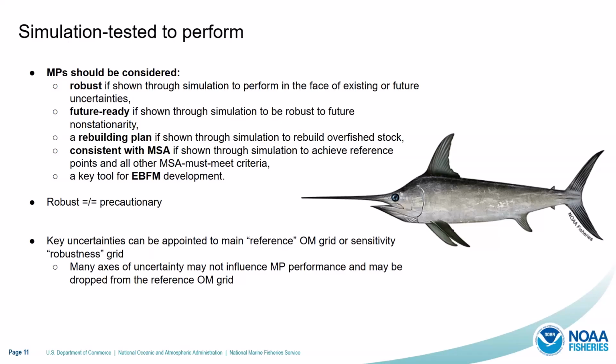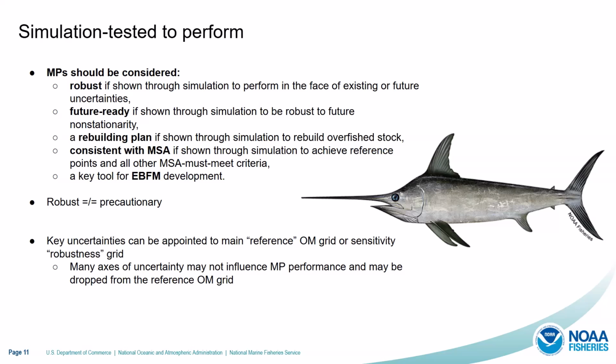It's also a key tool for ecosystem-based fisheries management. We want to clarify that robust doesn't necessarily equate to precautionary. Robust is showing that the management procedure can respond in the face of uncertainty, whereas precautionary is making sure that it can perform with greater risk tolerance. So they do reflect two different concepts.